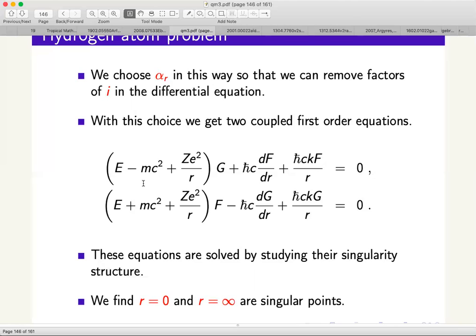E minus mc squared upon rho is the quantity which will be sitting around, and therefore as rho goes to 0, which is equivalent to r going to infinity, there is a piece in the coefficient function of g which diverges. Okay, and therefore this equation has a singularity at infinity, which is not a regular singular point.